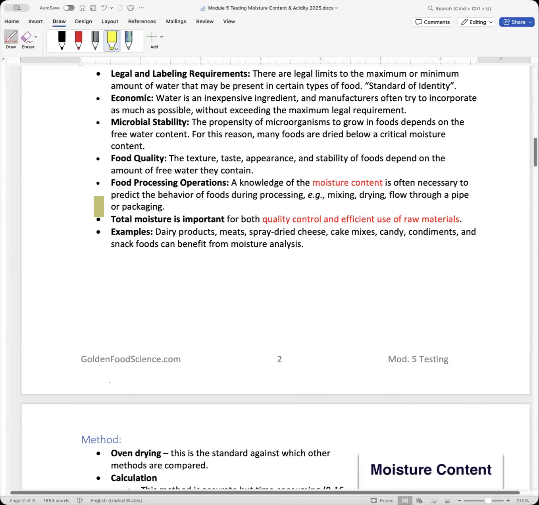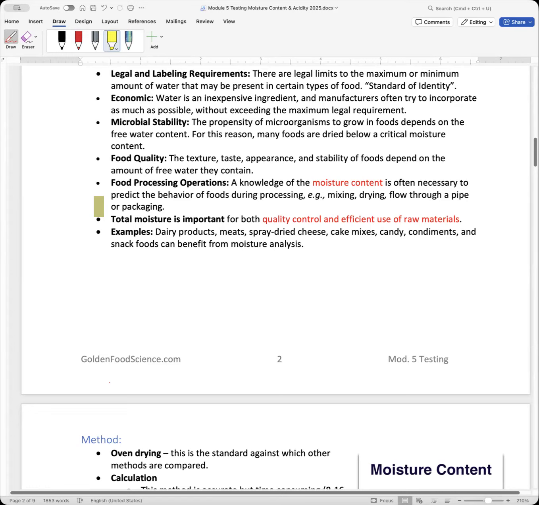Microbial stability. If you're worried about microorganisms growing in the food, that depends on the free water content. Will it spoil quickly, right? The food quality, texture, taste, appearance, and stability of the food depend on the amount of water that's there. The less water, the crisper the texture is going to be.